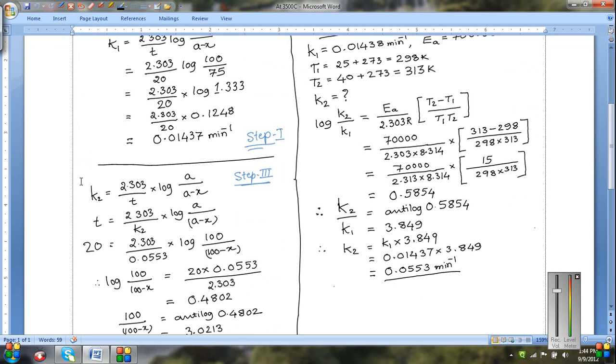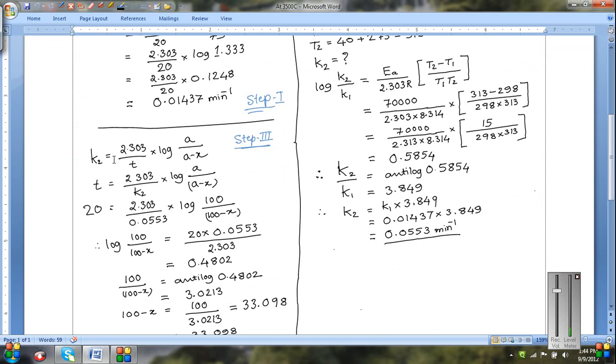Once you know K2, you put this equation: K2 equals 2.303 upon t log a upon a minus x. In the same time, what percentage of the reaction will be completed? So time is the same, it is 20 minutes. K2 is 0.0553 equals 2.303 upon 20 into log of a, 100, upon 100 minus x. We don't know the value of x.